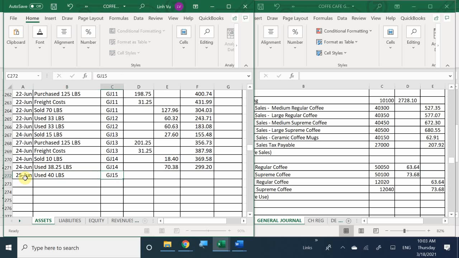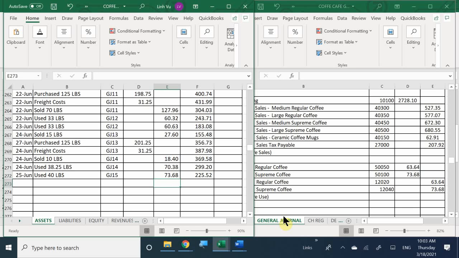General journal 15 for 73.68. And the balance is 2252.52. Is it 80? 73? Oh, 68. 73.68. Very good. Now it's 2252.